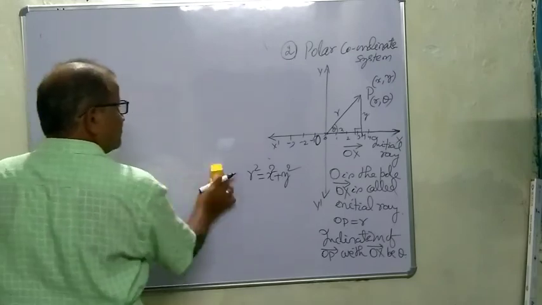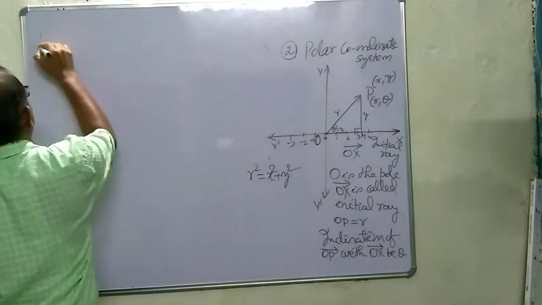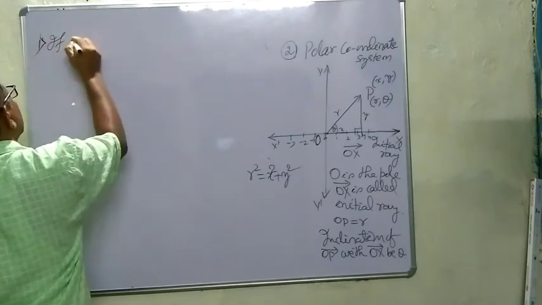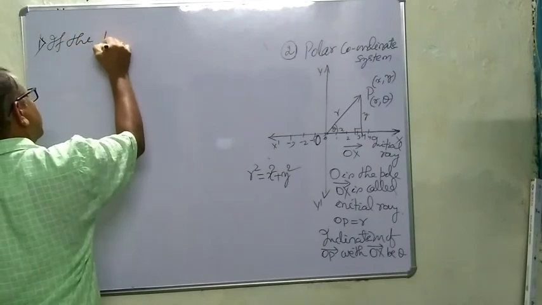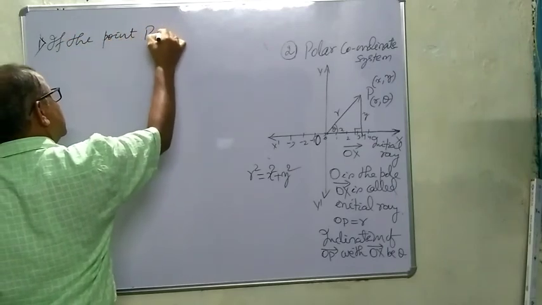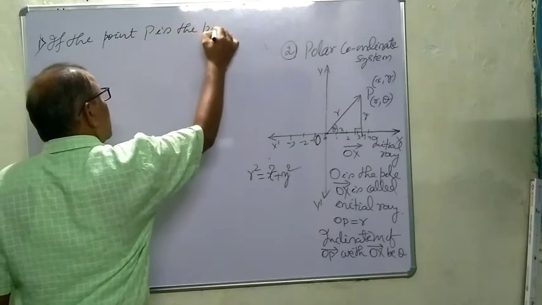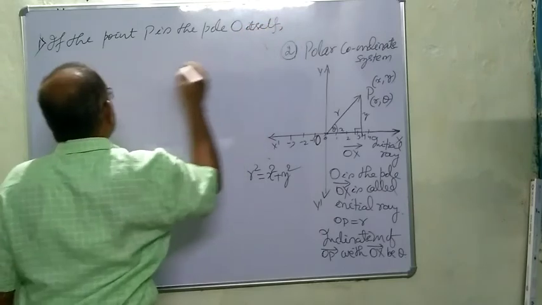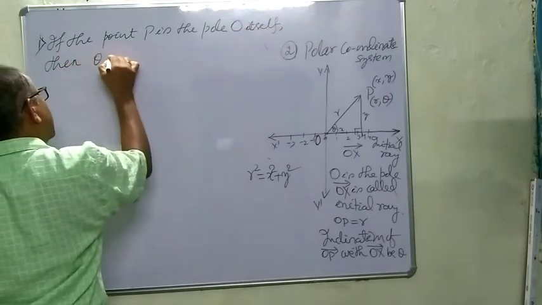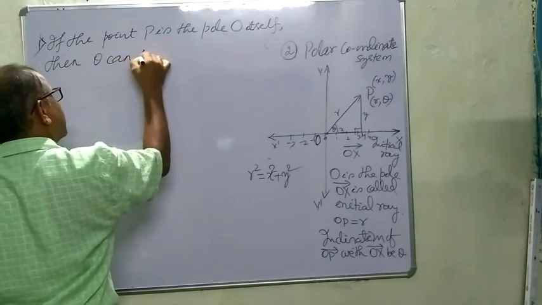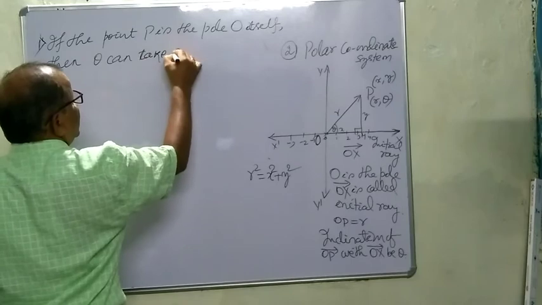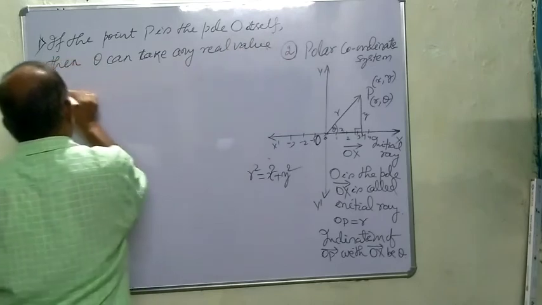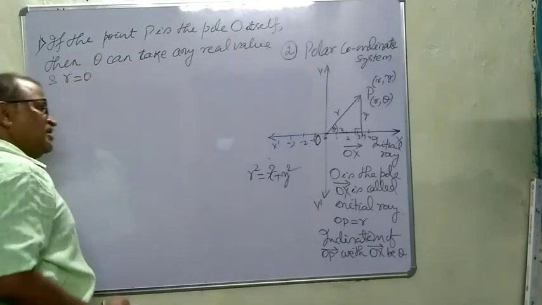Number 1, if the point P is the pole O itself, then theta can take any real value, and r is 0.